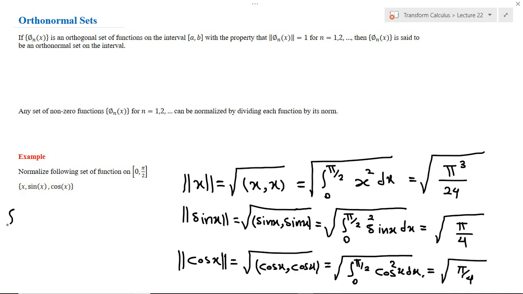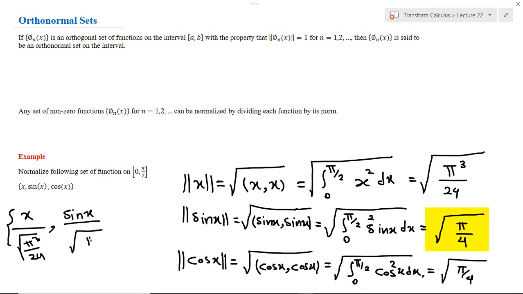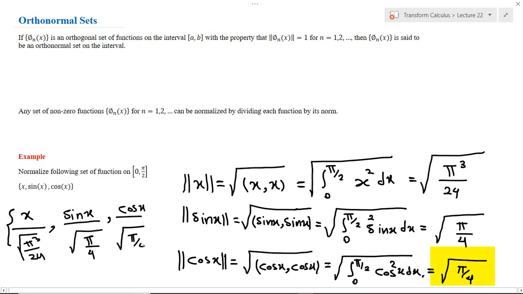As a result, I divide x by its norm, which is root of pi cubed over 24, sine x divided by its norm, which is root of pi over 4, and cosine x divided by its norm, which is root of pi over 4.